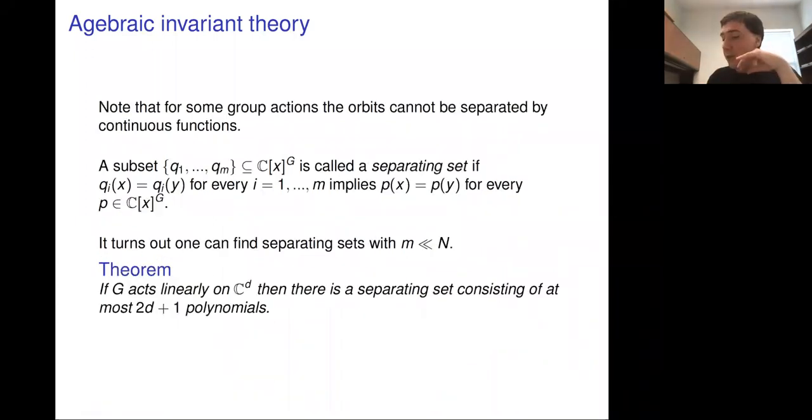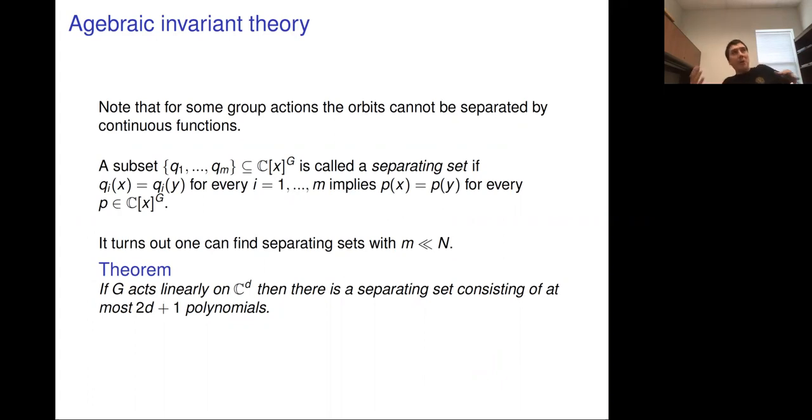Okay, so now flash forward about 100 years, at the end of the 90s and early 2000s, people started looking back at these invariant rings of polynomials.